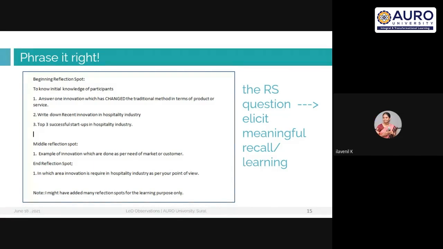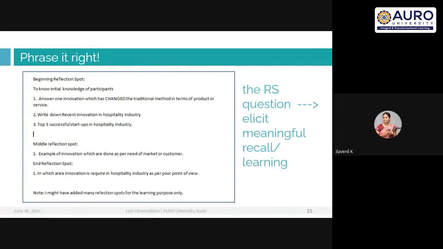So I wanted to say that when we ask questions, we must remember that we are not going to really look at the responses of the learners as we see them. Any of these questions, for example, I will take example 3: name the 3 successful startups in the hospitality industry.